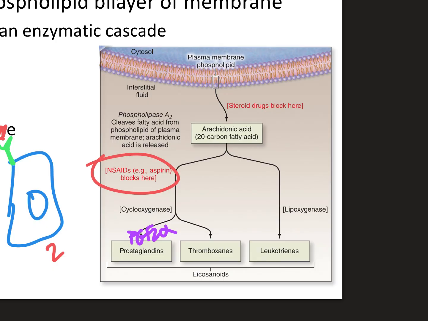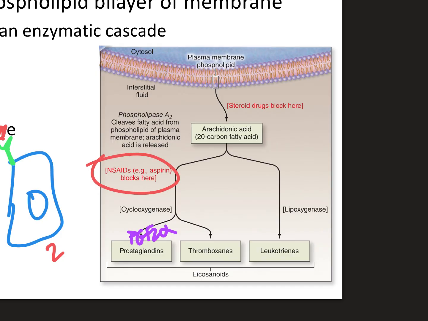Those are non-steroidal anti-inflammatory drugs, and they prevent inflammation, typically in joints, but it could be anywhere. They prevent inflammation because the eicosanoids, the prostaglandins and thromboxanes, are the substances that trigger inflammation in your body. So not only are they used for headaches, but they're used to help with joint aches in that way.